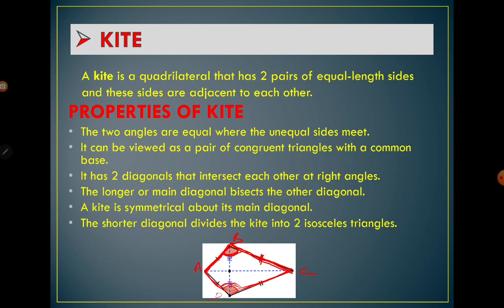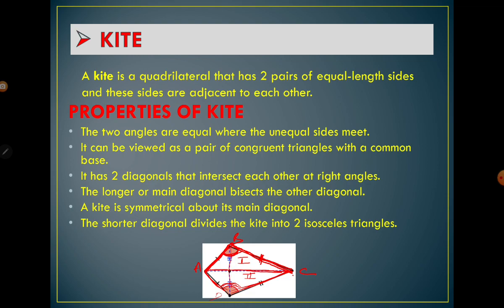It can be viewed as a pair of congruent triangles with a common base. If I take this common base, these two triangles, triangle ABC and triangle ADC, are congruent. It has two diagonals that intersect each other at right angles.